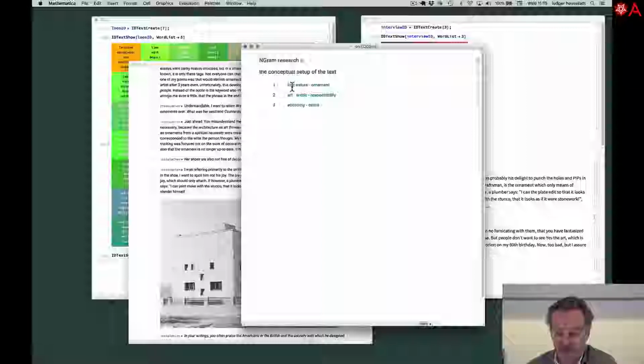So this is our text, and Loos can play a prominent role there. He's our main protagonist. So now let's look for the protagonists. So first one is Adolf Loos.